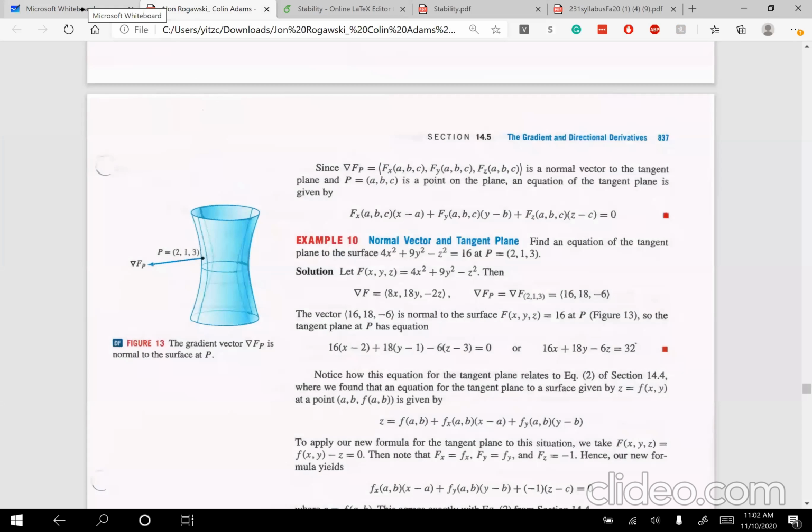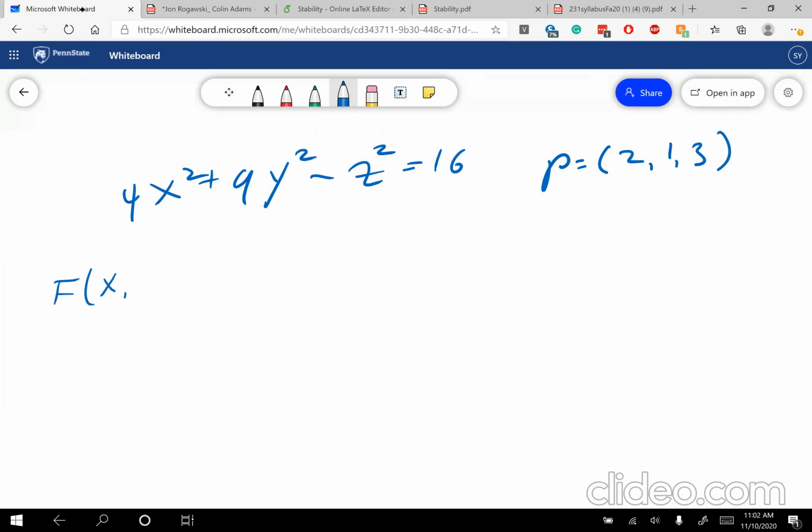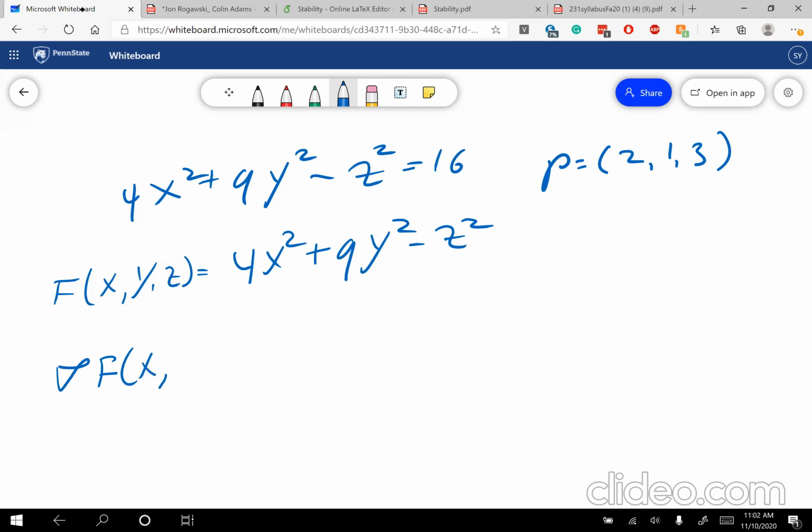Okay, so first we need the gradient of this, so we can say f of x, y, z is equal to 4x squared plus 9y squared minus z squared. And the gradient of f at x, y, z is going to be equal to (8x, 18y, negative 2z).